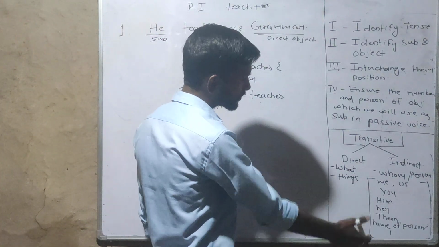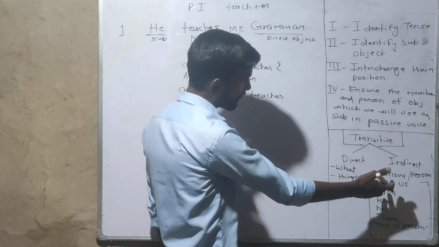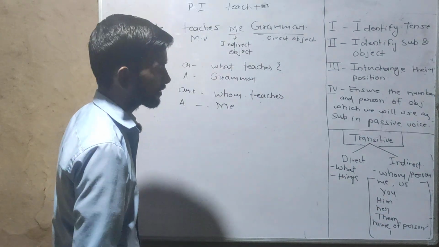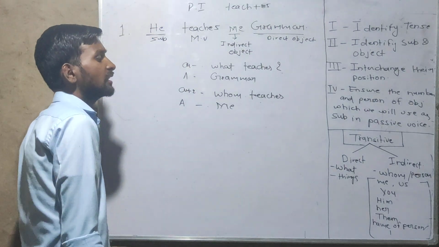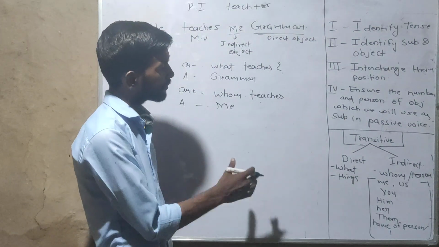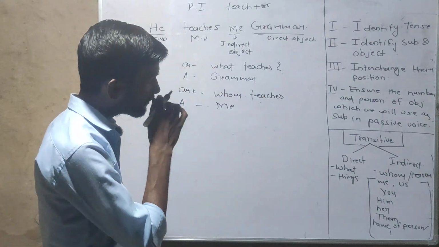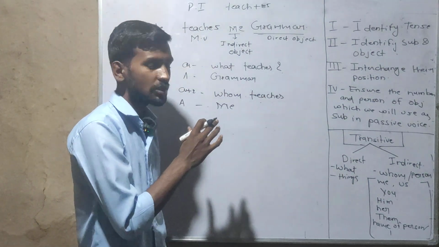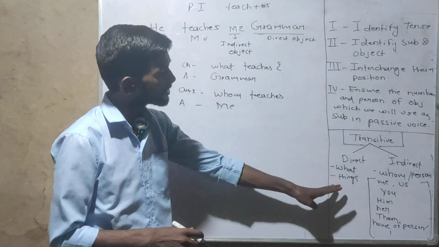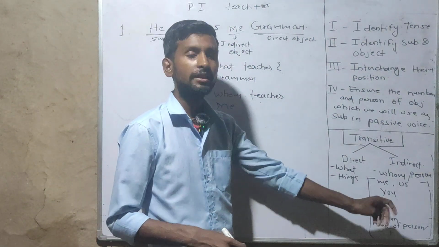There are some pronouns which can be seen in indirect objects: me, us, you, him, her, them, name of person, etc. There is one more way to identify which one is direct or indirect: we simply apply the what and whom questions. The answer of the what question is the direct object and the answer of the whom question is the indirect object.